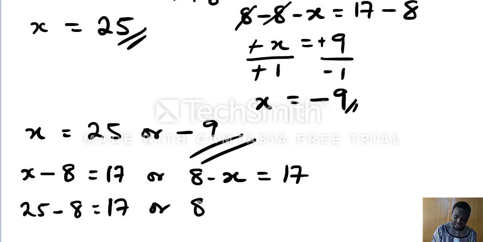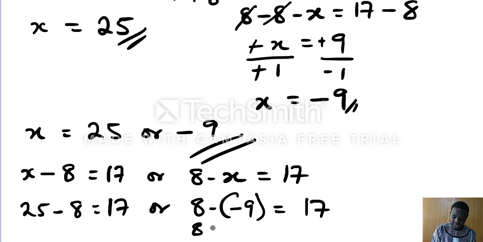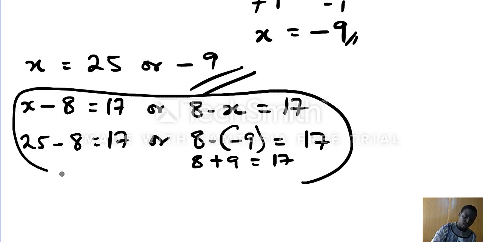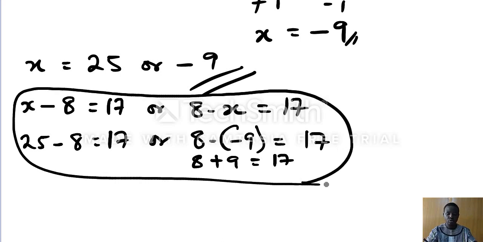Or if x is minus 9, 8 minus minus 9 will also give you 17, because minus times minus will give you plus, and this becomes 8 plus 9, which is still equal to 17. So this is not part of the solution, but it's just for you to check and verify if your answer is right or wrong.